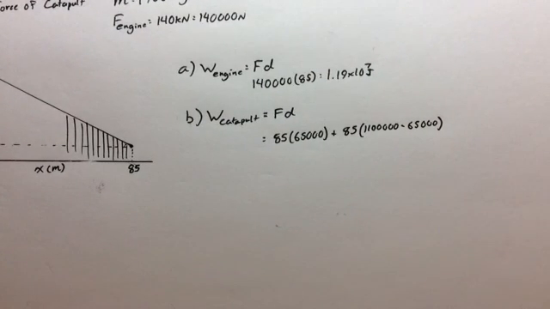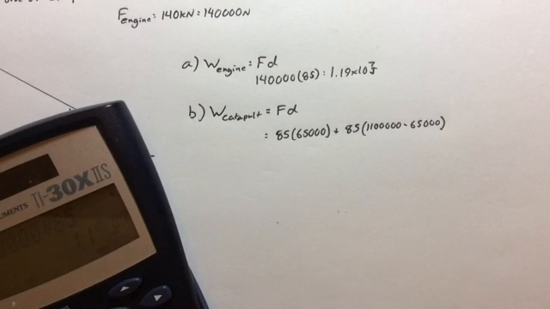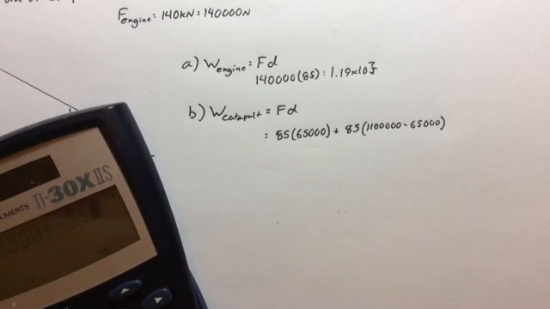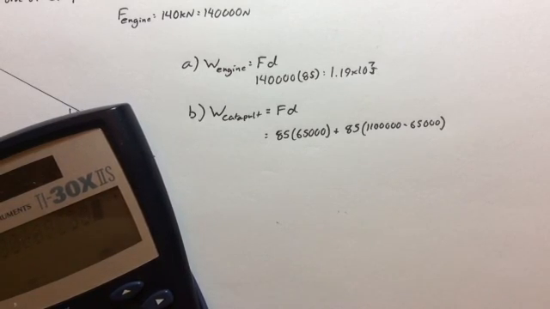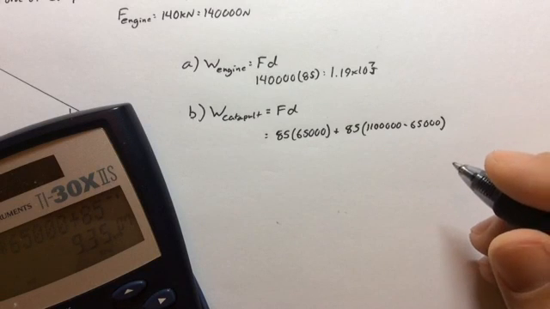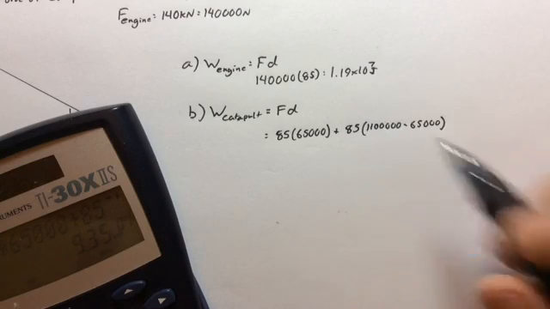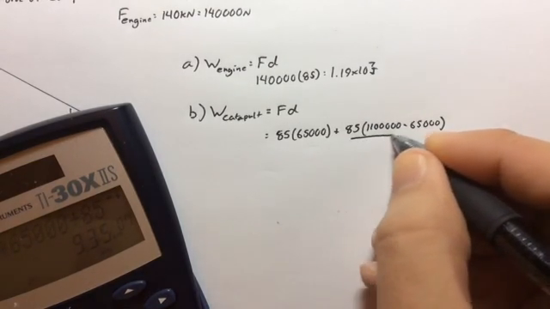So I grab my calculator again, and I'm going to find the total area. 85 times 65,000 plus 85 times parentheses 1,100,000 minus 65,000, and I get a total of 9.35 times 10 to the 7th, and that is the work of the catapult. But wait a minute, we're looking for the area of the triangle, so I'm going to divide that by 2.